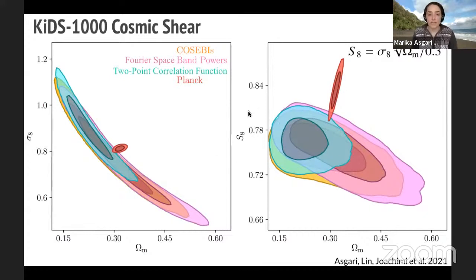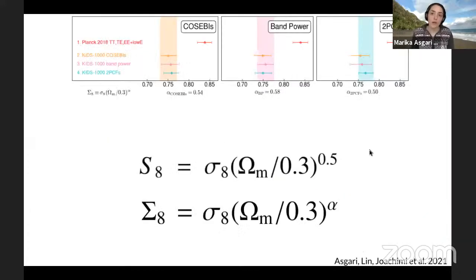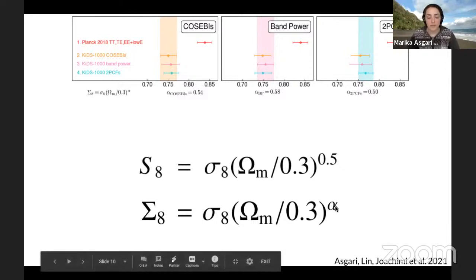And now if you look at S8 versus omega m, you can see that the Planck contour is above all the our contours, and our contours are consistent with each other. And this is about 3 sigma. Okay, so now there's another way to look at the same data, and that is just to look at a parameter that's similar to S8, but now we call it capital sigma 8. The only difference is that the power here is fitted to the banana.